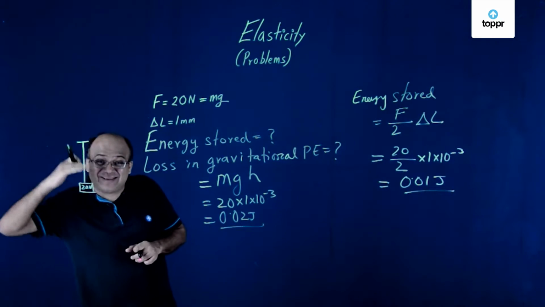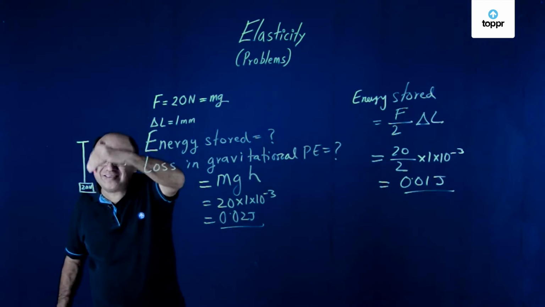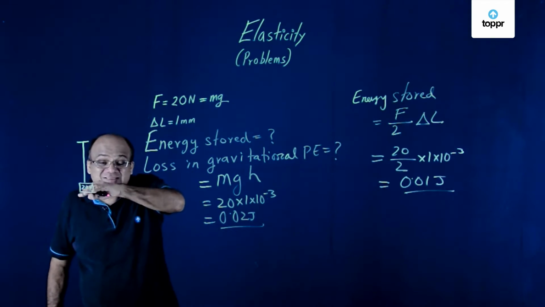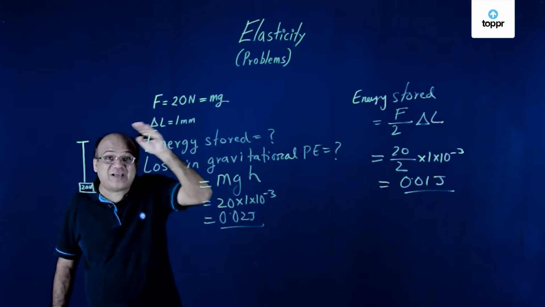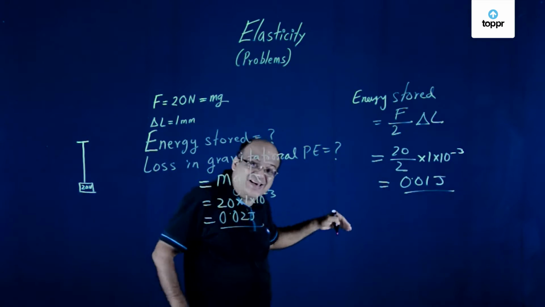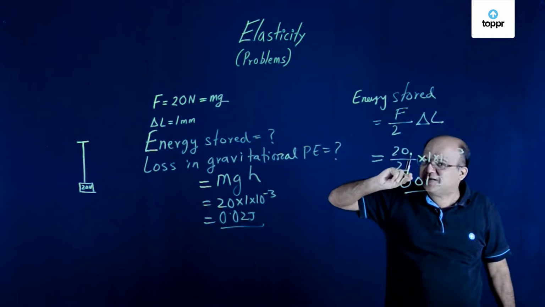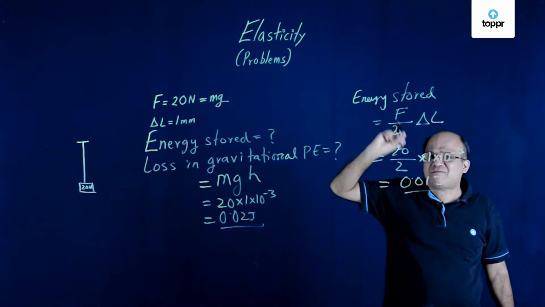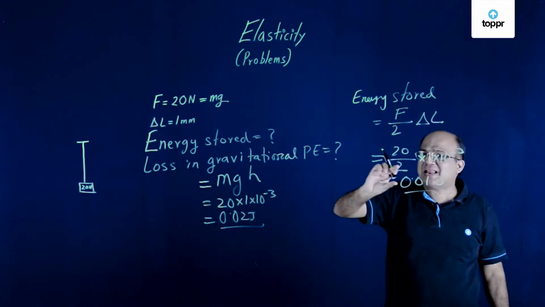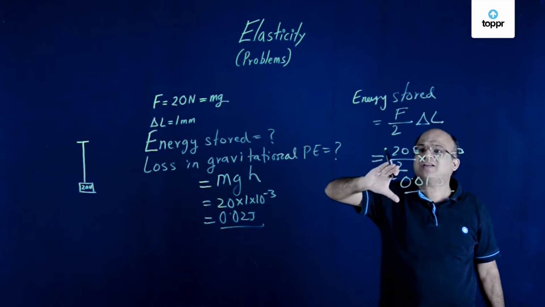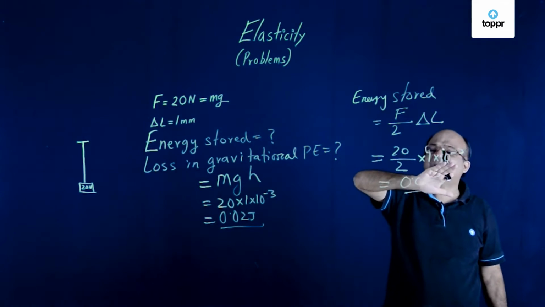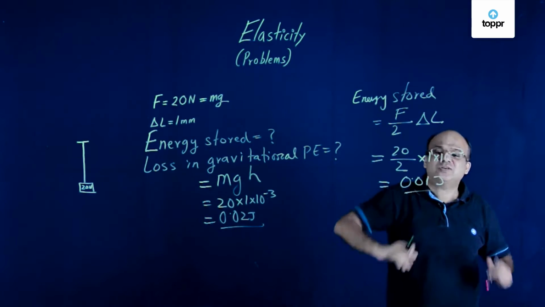Understand this. A wire is there, 20 Newton weight is hung, the wire extends by 1 millimeter. So the energy stored in the wire is average force into change in length. Average force is F by 2 into delta L. F is 20 Newton divided by 2 multiplied by delta L. We get 0.01 joules.